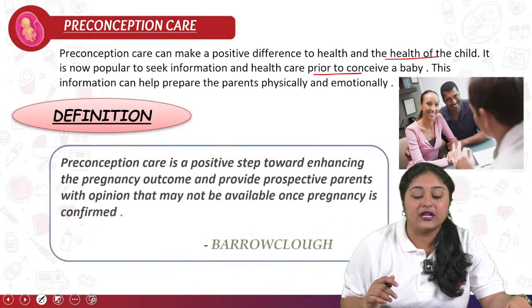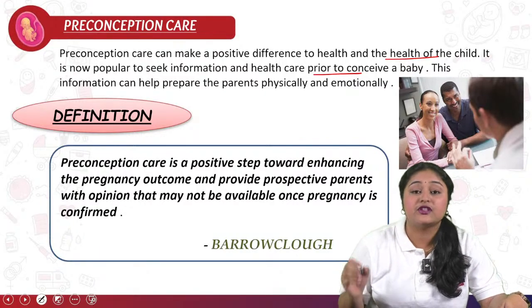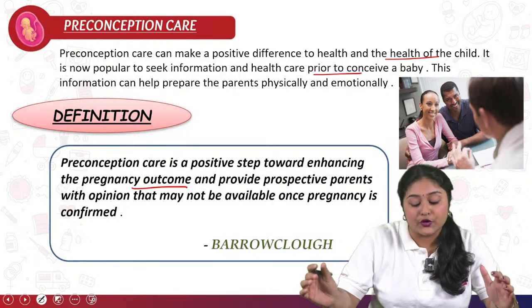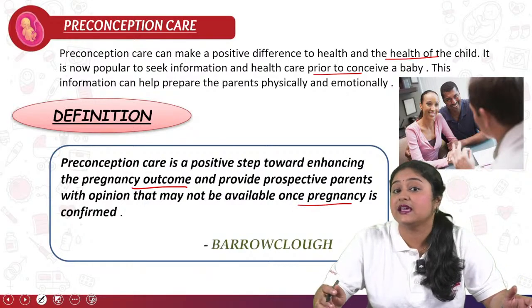Now the definition of preconception care: it is a very positive step forward which enhances the pregnancy outcome and provides prospective parents with options that may not be available once pregnancy is confirmed.